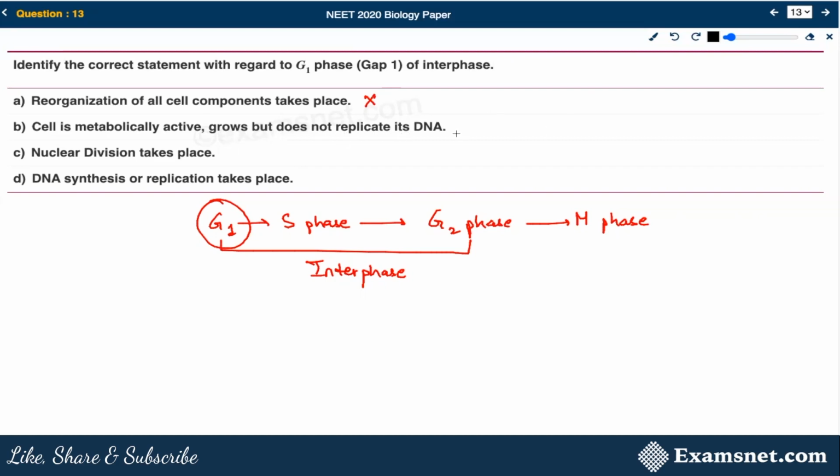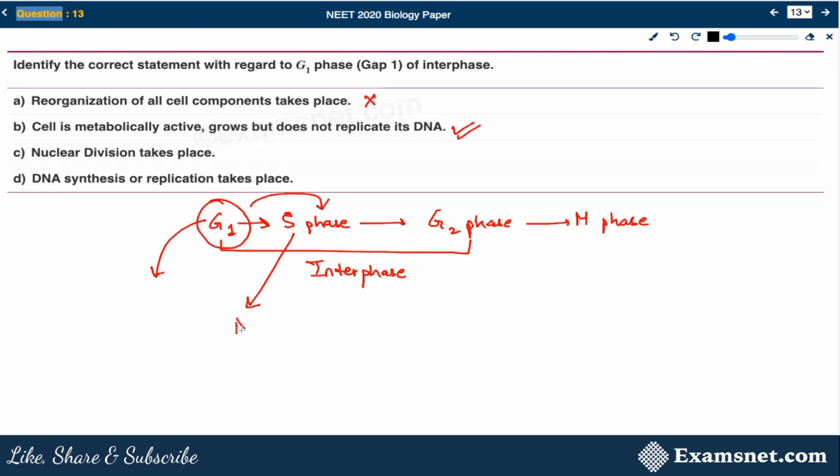The next says the cell is metabolically active, grows and does not replicate its DNA. Yes, this is the correct option, because in the gap 1 phase the cell is active, and G1 is followed by the S phase, which is the phase of DNA replication.